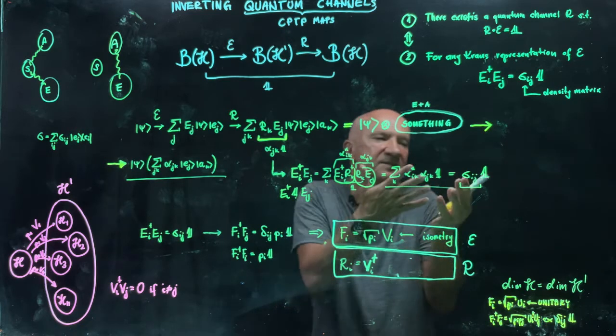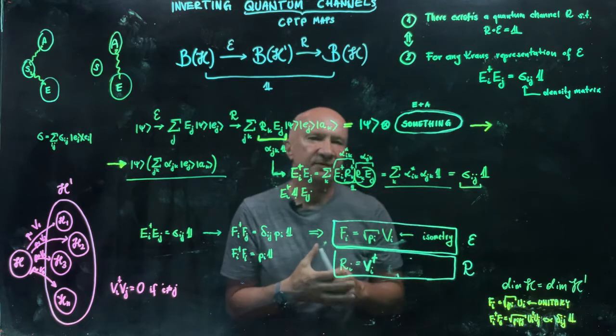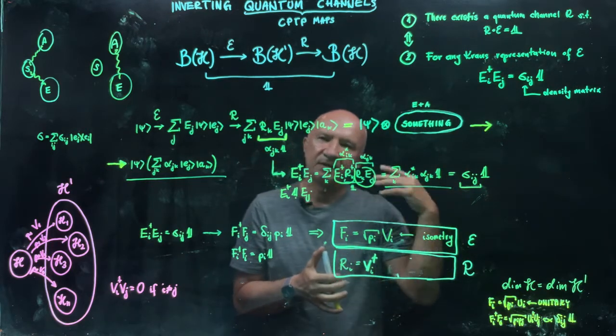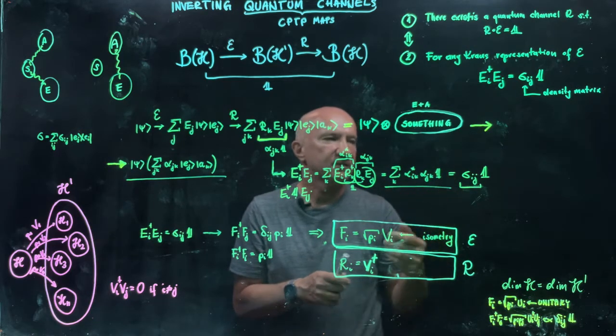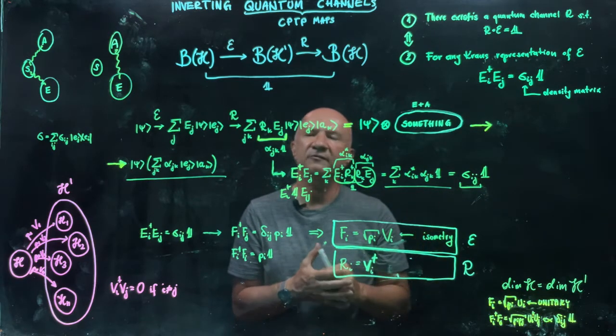Now what exactly is sigma ij? You can do the calculations and see mathematically that this is a Hermitian positive semi-definite matrix with trace equal to 1, but you can also see it in a different way.